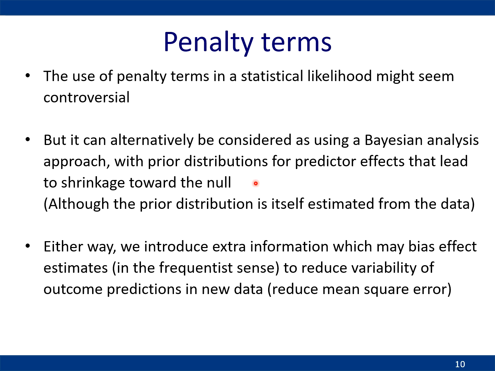Either way, whether we think about it as a Bayesian analysis with particular prior distributions, or as a statistical likelihood that's had a penalty term added, what we're doing is adding in extra information that leads to biased predictor effect estimates to reduce variability of outcome predictions in new data.